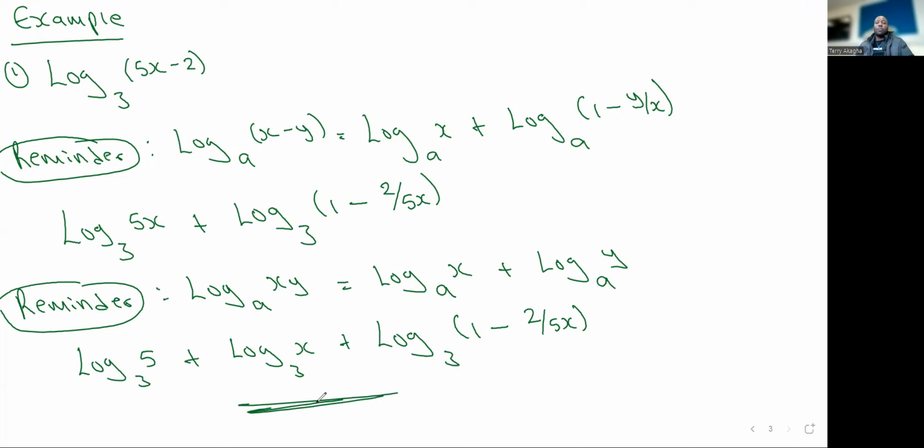All right, I'll pick one more. Let's assume we have ln((3x - 1)/4). The first thing I would do is apply the division law to separate both of them.